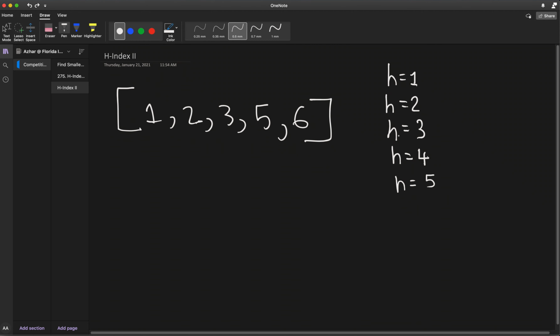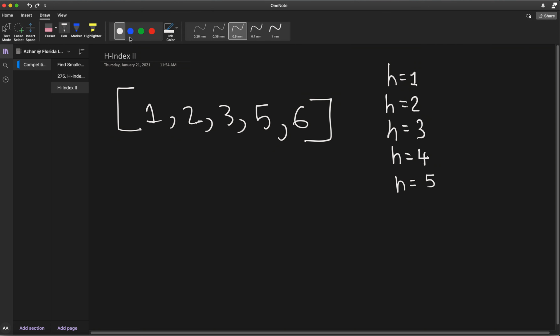So let's figure out what our h index would be for this array. Just showing this as an example, we have our array here, and we have different possible values of h. It says that for an h to be the h index, there must be at least that many values in our array.